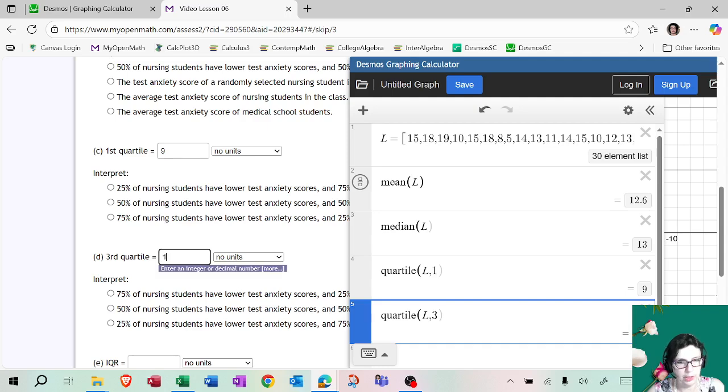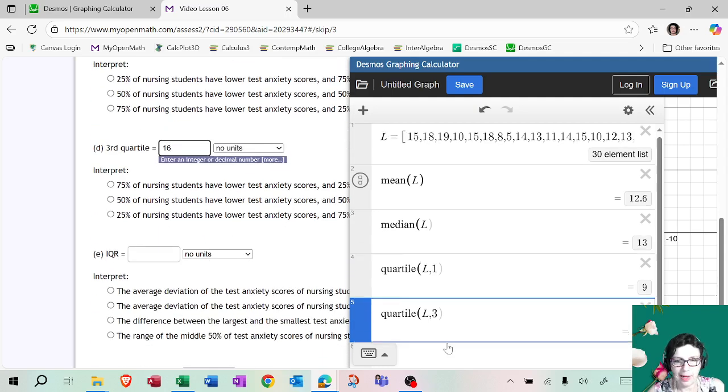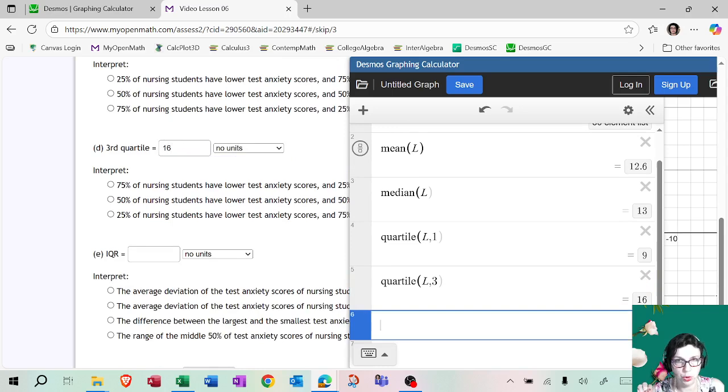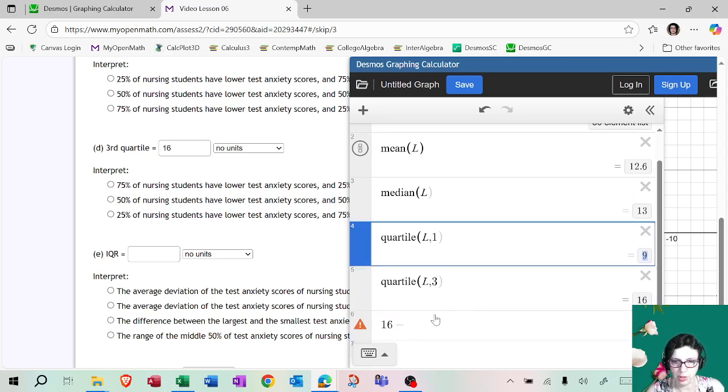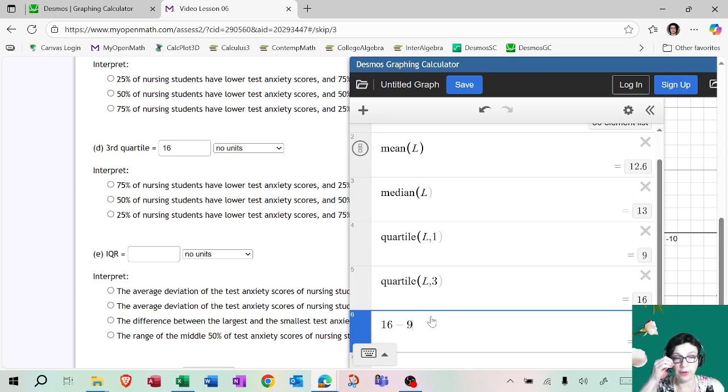So that would be 16. And IQR, which is something that you should also have on your cards, unless you remember it, is the difference between the third and first quartile. So you're just going to take the third quartile first and subtract the first. Make sure that it's a positive answer. So third minus first, not the other way around. So this will be 7.